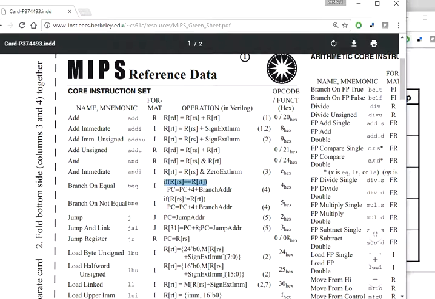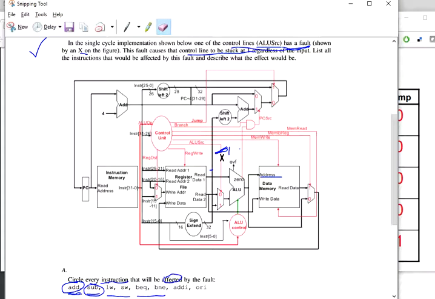BEQ is comparing RS to RT, and is going to go to the branch address, PC plus 4, if RS is indeed equal to RT. So it does have a branch immediate value, but that is our branch address. That is not something we want to compare with. We want to compare RT and RS. So the ALU wants the RT and RS values.